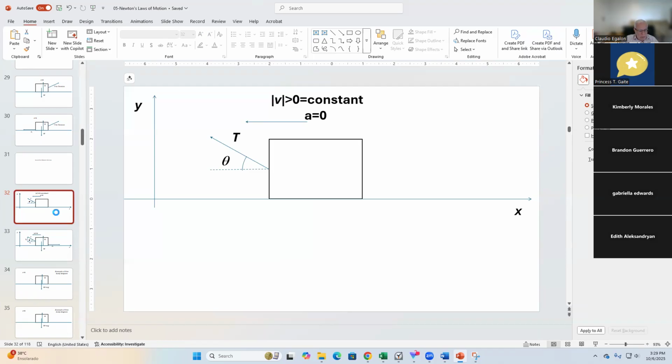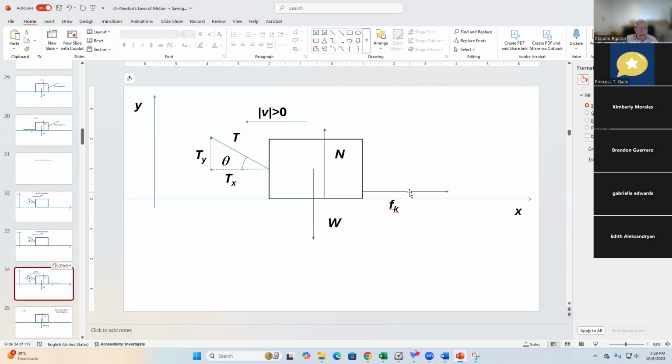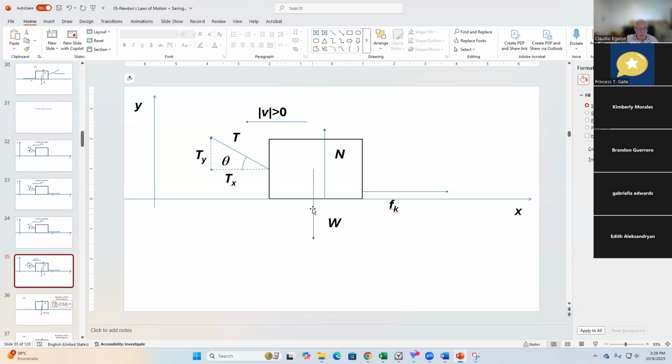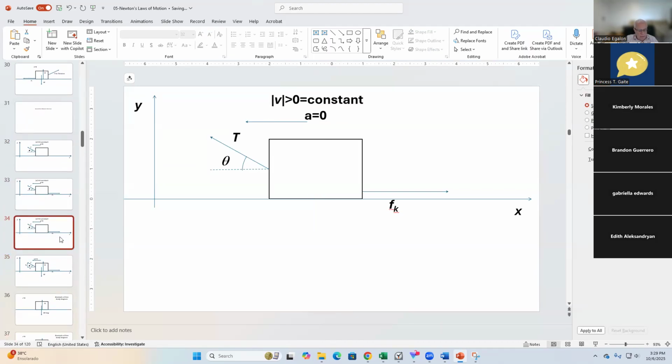And this component that counters the tension is going to be the force of kinetic friction. It is kinetic friction because the object is moving. In addition to these two forces, there must be a third force that's always there. And this third force is the weight.